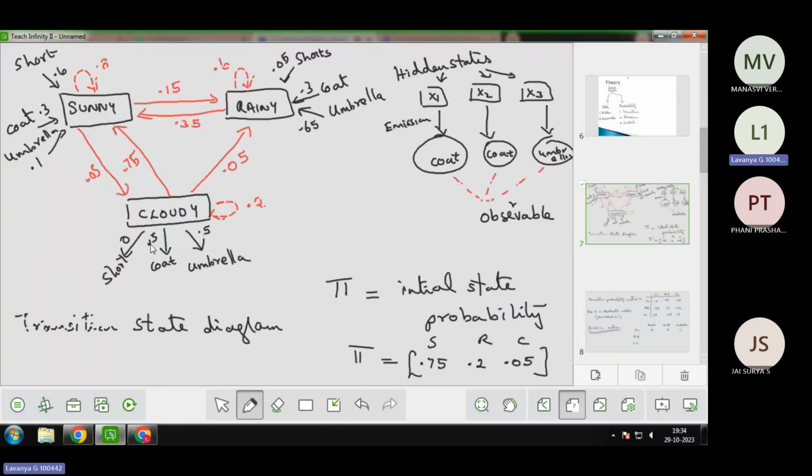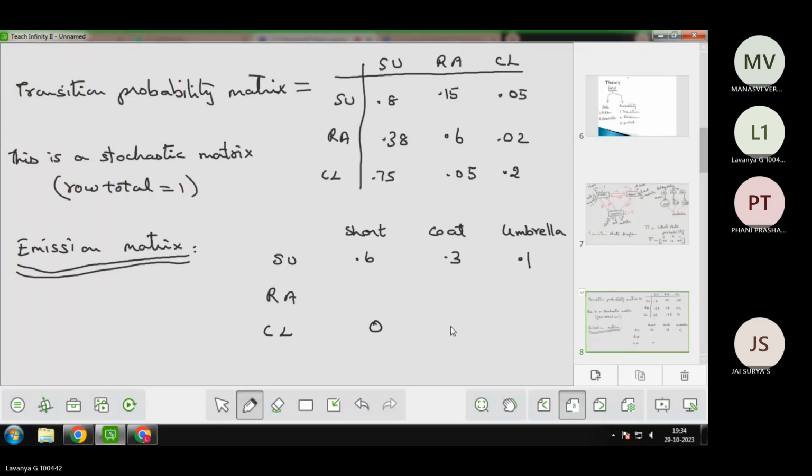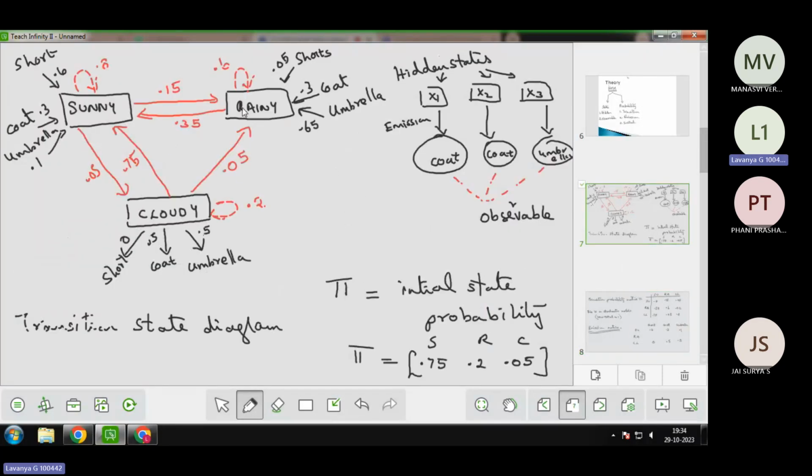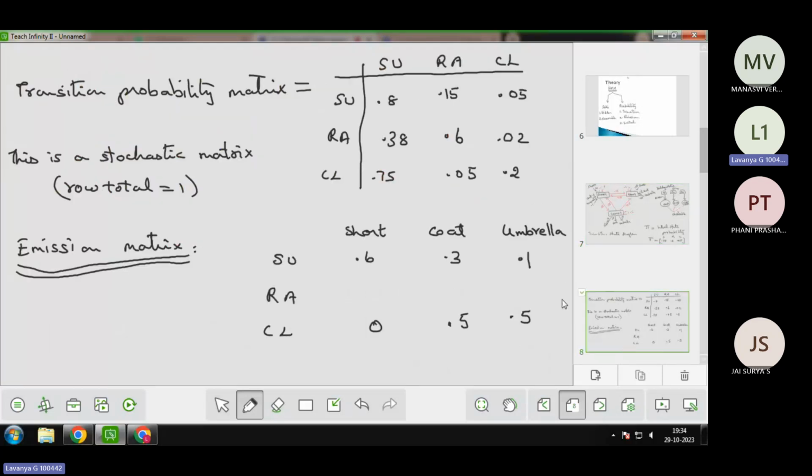Similarly, for a cloudy day, wearing shorts is 0, coat and umbrella is 0.5, 0.5. Next, for a rainy day, shorts is 0.05, coat 0.30, and umbrella 0.65.